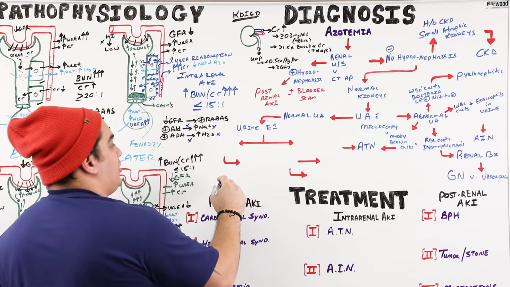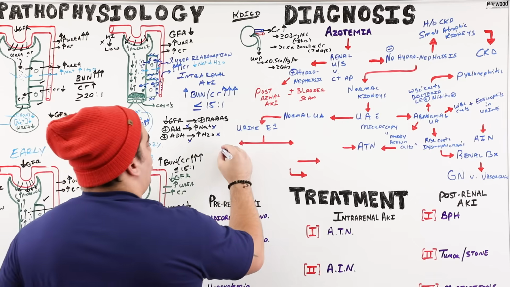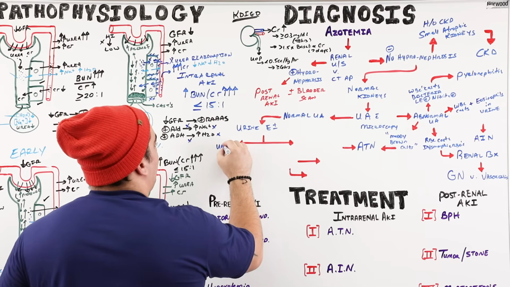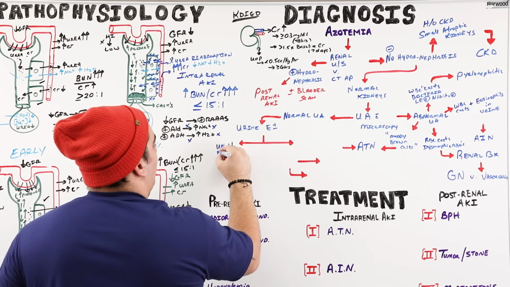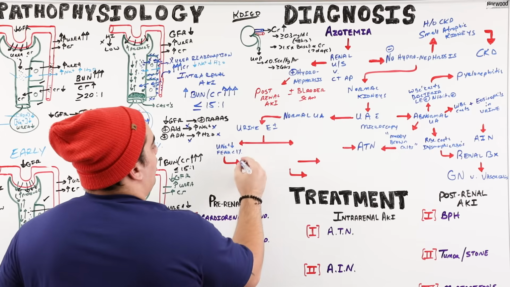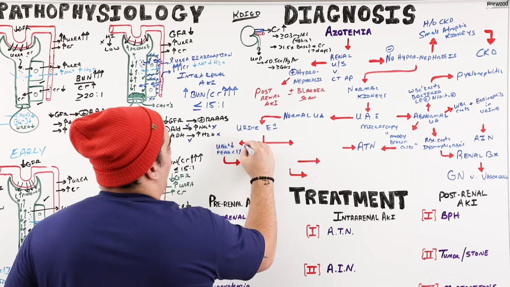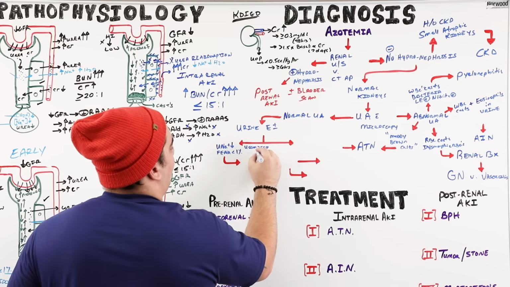So if you check the urine electrolytes, let's take, for example, a patient who has a urine sodium that is low. They have a FENa that is less than 1%. They also have a urine osmolality that's greater than 500.